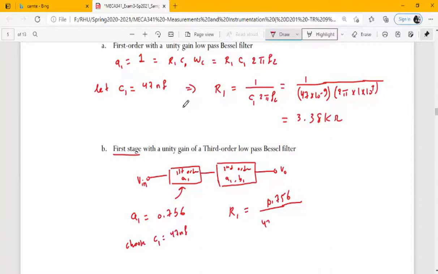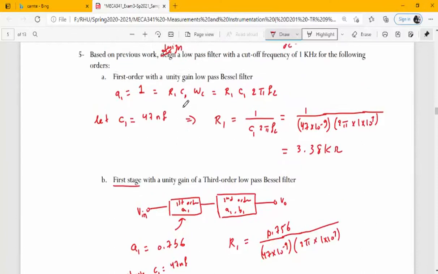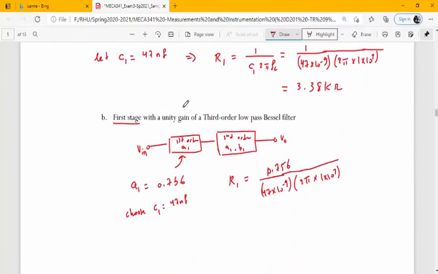This will be 47 times 10 power minus 9, multiplied by the cutoff frequency, which is 10 power 3, kilohertz. So this would be equal to 2.56 kilo ohm.